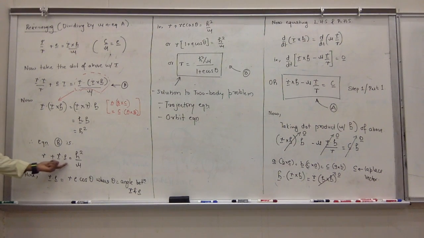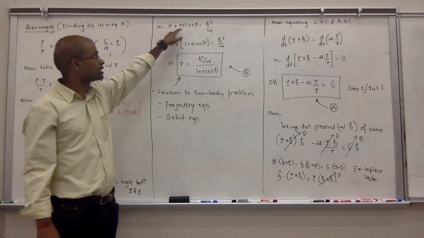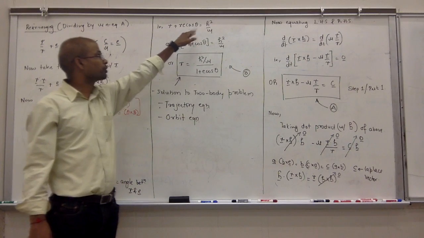This R dot E can be written as magnitude of R, magnitude of E, times cosine theta, where theta is the angle between vector R and vector E. Substituting back, R plus R E cosine theta equals H square over mu.